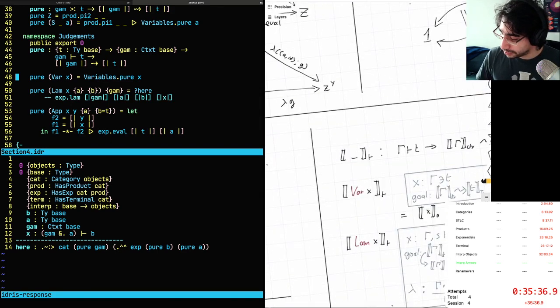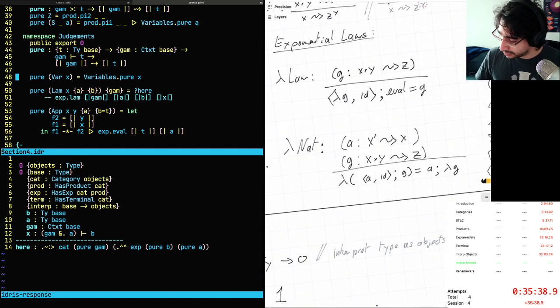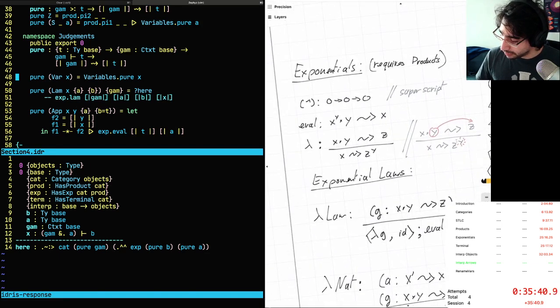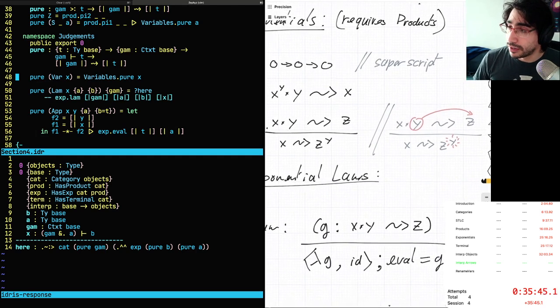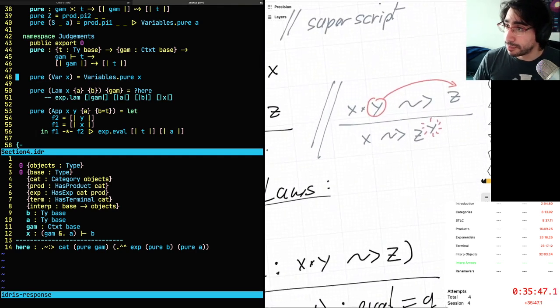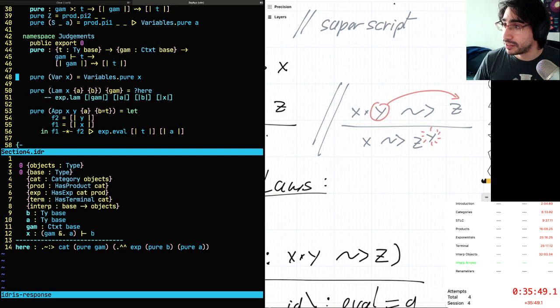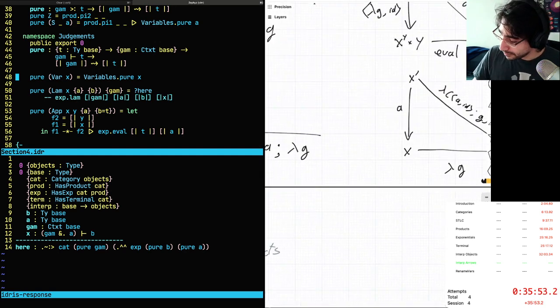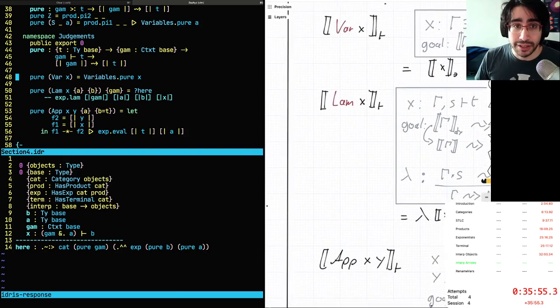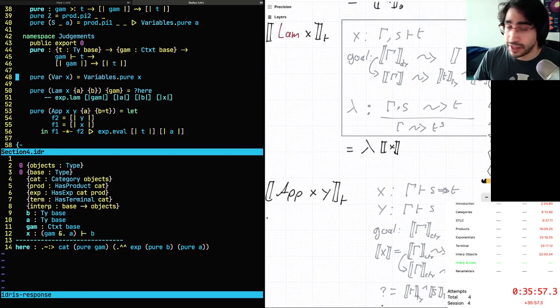I've just written it here, but it's repeated here. Lambda docks the y off the product on the left and puts it on the right side of the arrow, on the right side of the relations. So that's very handy. So this is just lambda of interpretation of x.